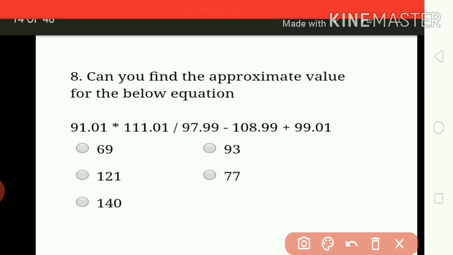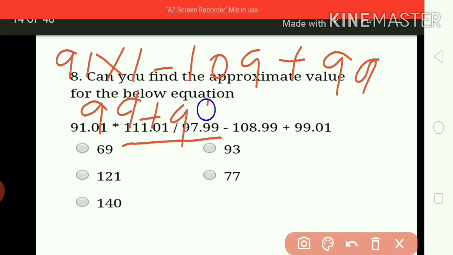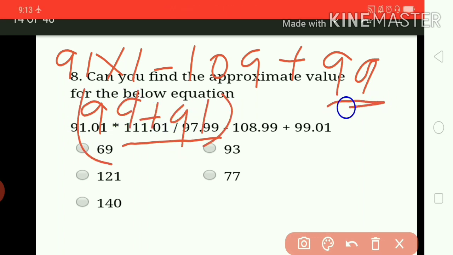Further solve. We have 91 multiply by, the solution of this part we got 1 minus 109 plus 99, right? Now solve it. 91 ones are 91, and when it added with 91, this is 99 and 91, both are positive numbers.